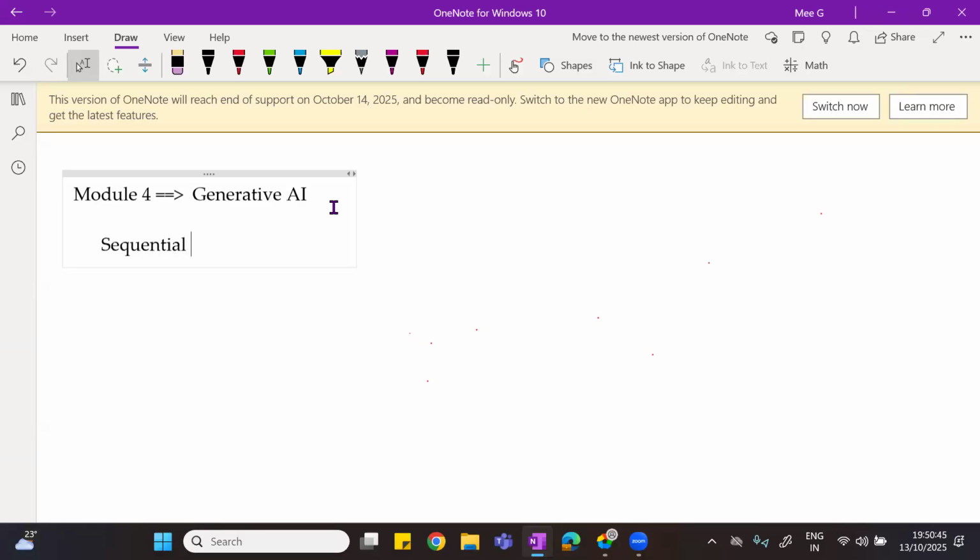Next one is here. First, we will start with sequential data. What is sequential data?